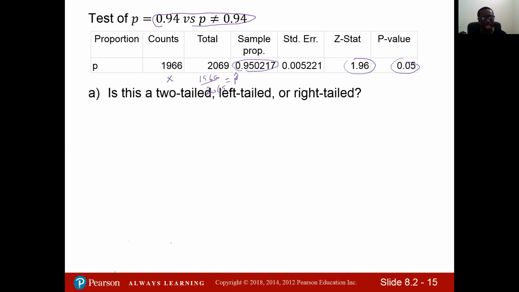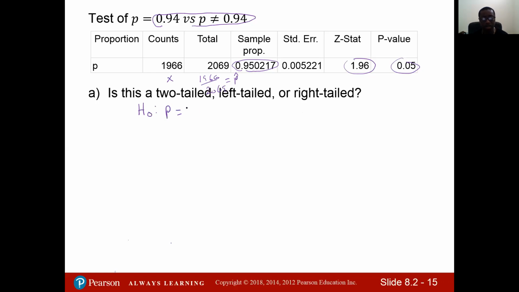First, it asks: is this a two tail, left tail, or right tail test? So this is the test, as you know. We always write our H naught, which is p.